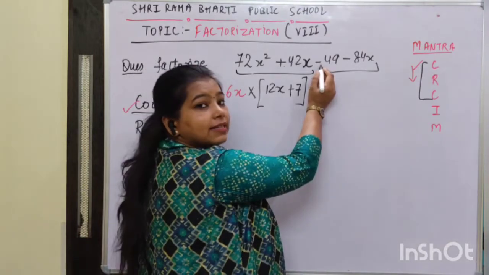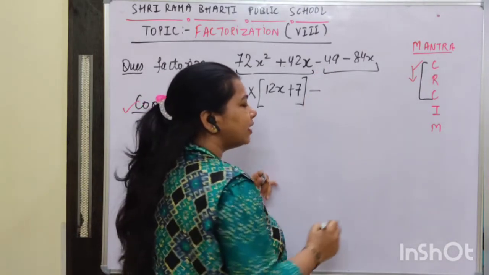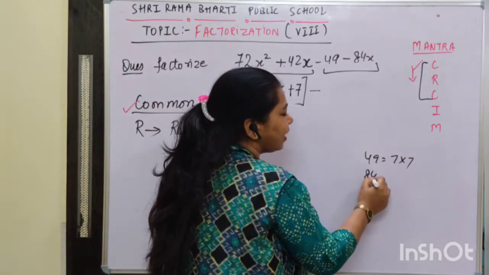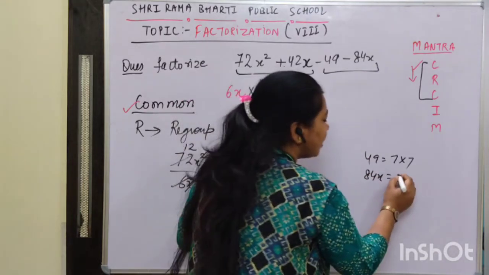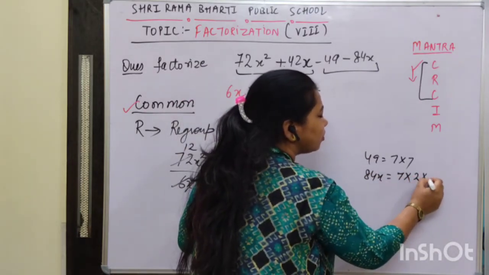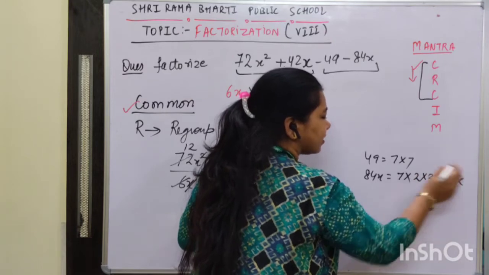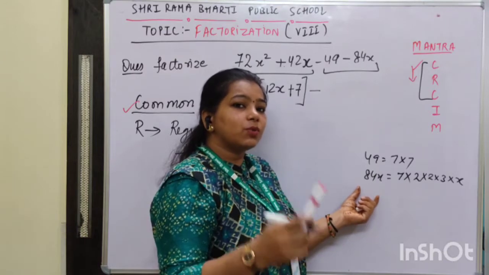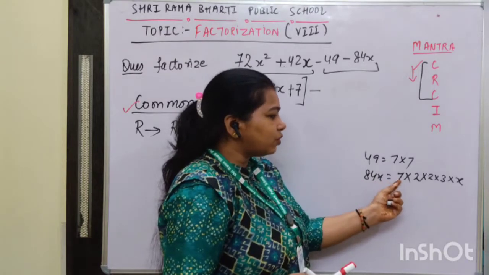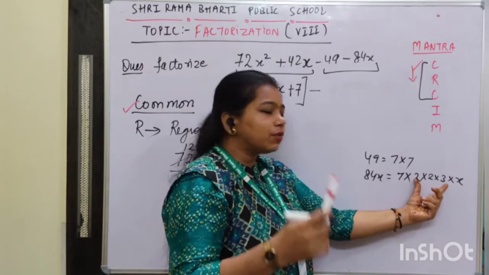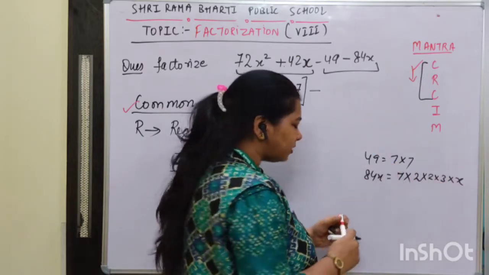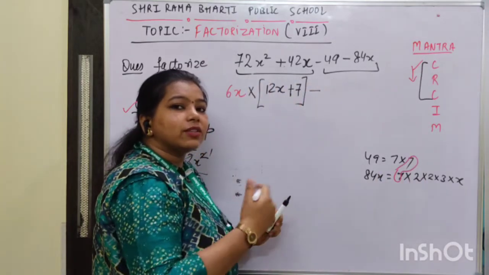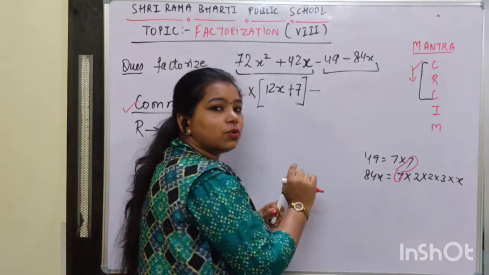As you can see, the minus sign is here, so we will write the minus sign here. Now 49's factors will be 7 into 7, and 84x's factors will be 7 into 2 into 2 into 3 into x, as we know that 7 times 12 is 84. So 7 into 12, which is 2 into 2 into 3 into x. Now what can we see common here? Only one number is common, so this will be the highest common factor of these two numbers.